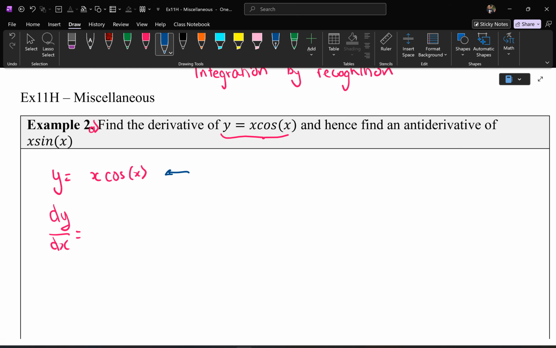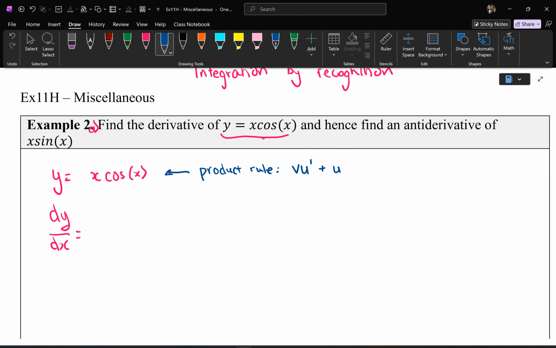I just do it in my head. The product rule, and go dy dx equals cos x. Gotcha. Because you just know it. That's right. So the product rule is the name for it.